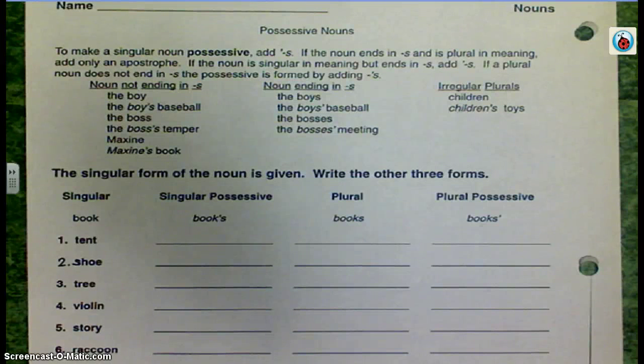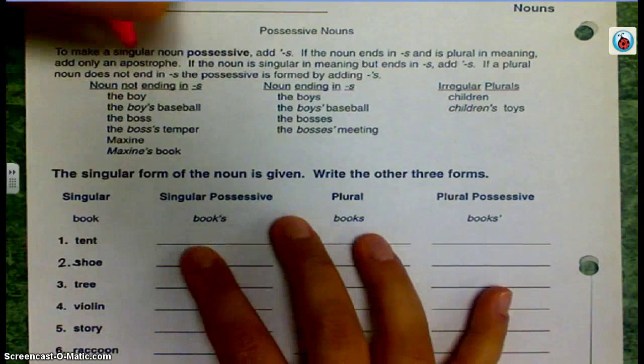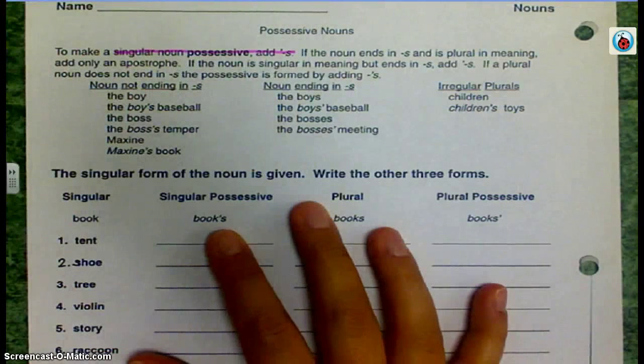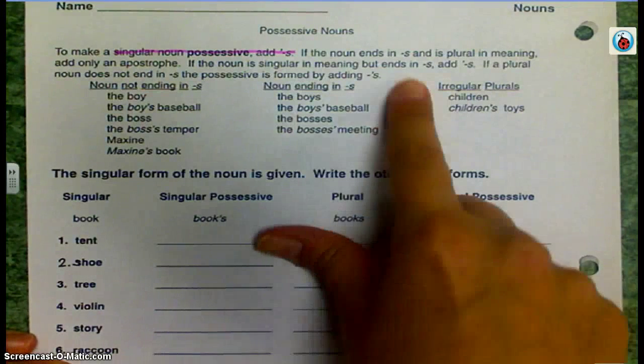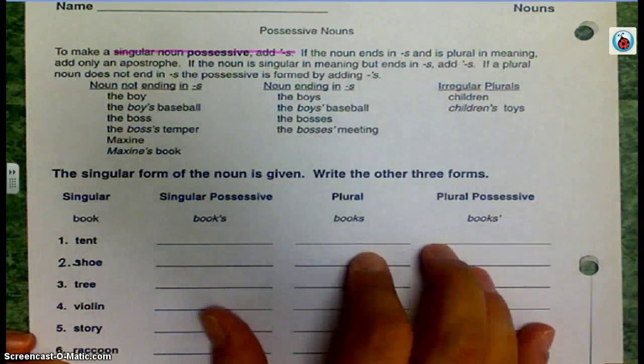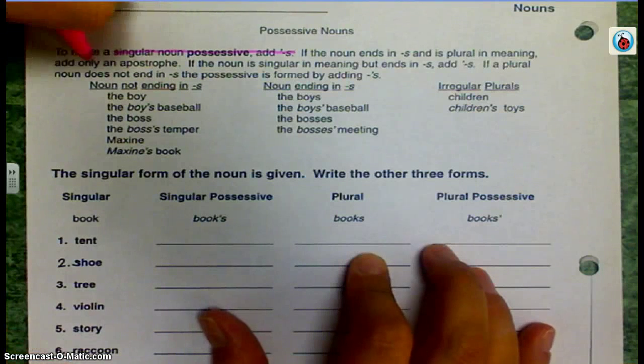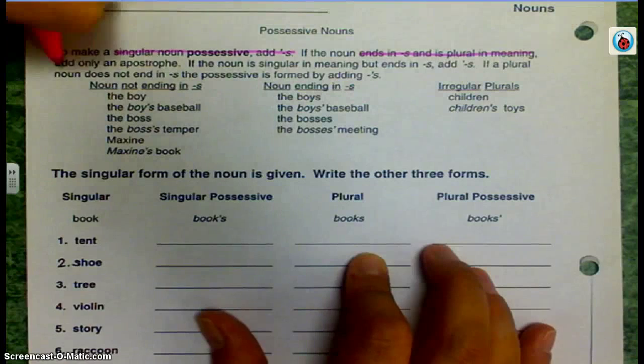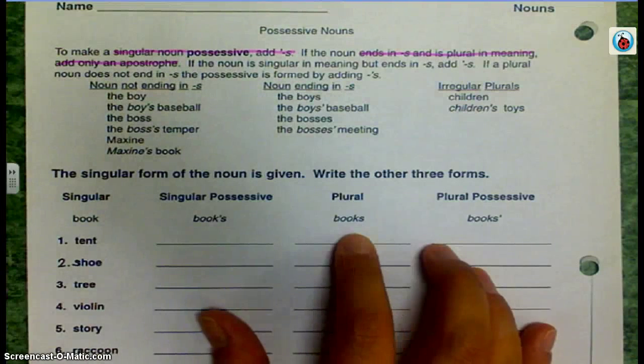This is page 4 and 5 in your packet, and it is possessive nouns. To make a singular noun possessive, to show ownership, you add apostrophe S. If the noun ends in an S already and is plural in meaning, then you only add an apostrophe.